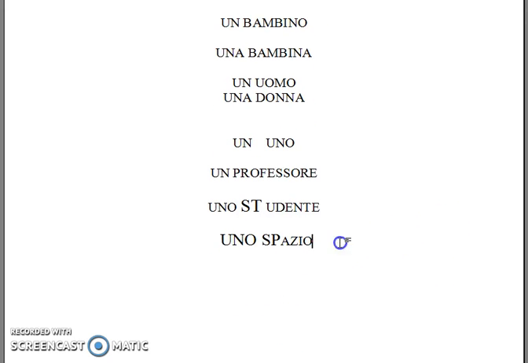Are there other examples? Sure. How about, again with ST, stadio, which you recognize would mean stadium, uno stadio. Other words? Sure. Scienziato, which is a scientist, would be uno scienziato.